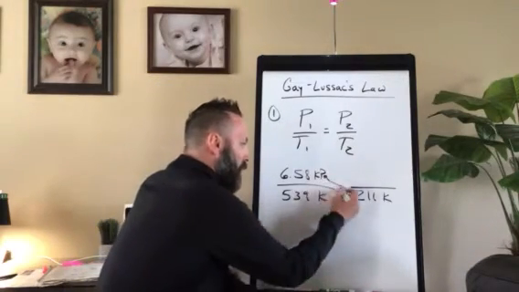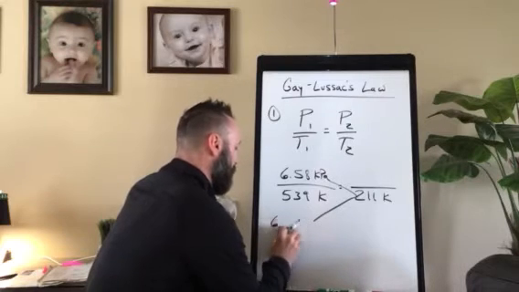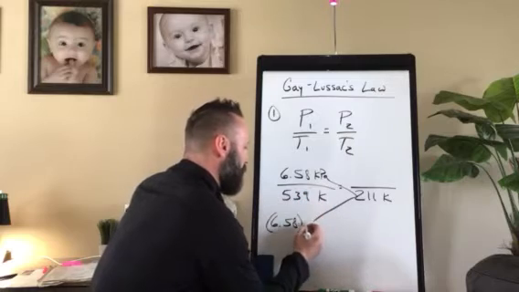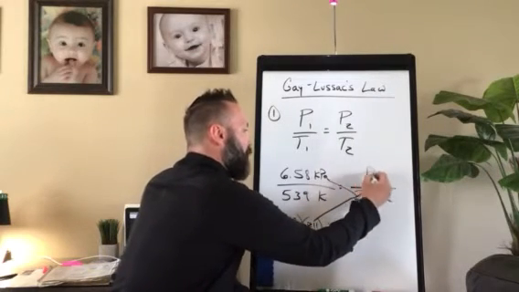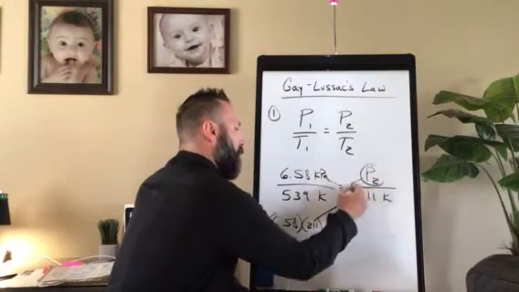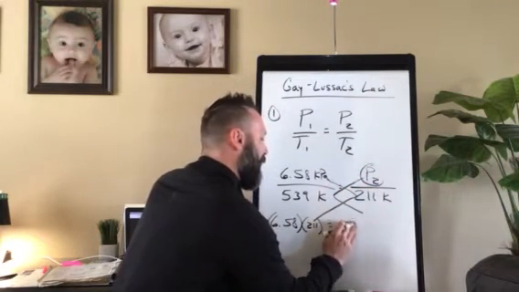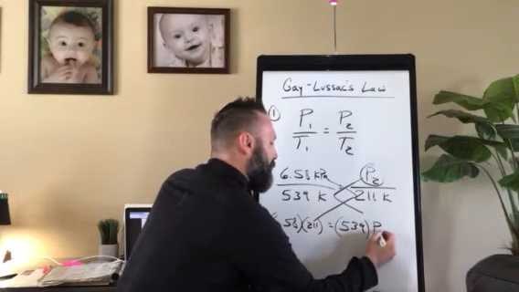So just go ahead and cross multiply and divide. 6.58 times 211 equals P2, our unknown. Cross multiply that, you have 539 times P2.